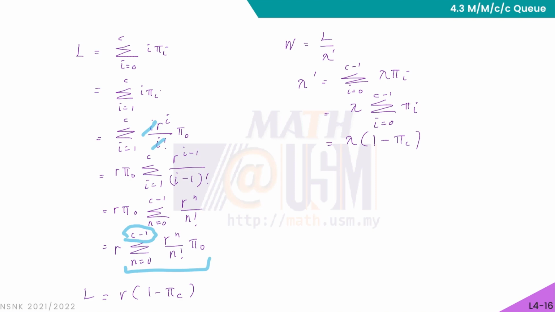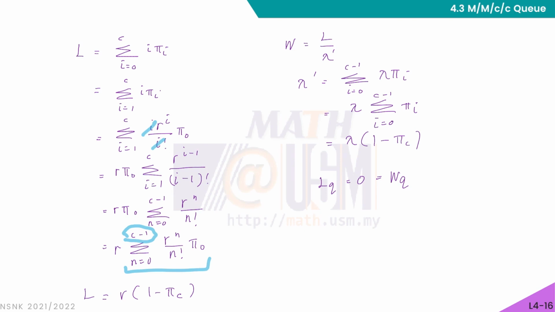Since any customer that arrives when the system is full will balk, for this particular queuing model our L_q is equal to 0, which also means our W_q is equal to 0, because no customer is allowed to form a waiting line.